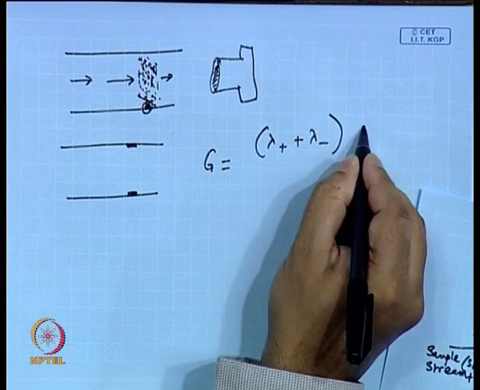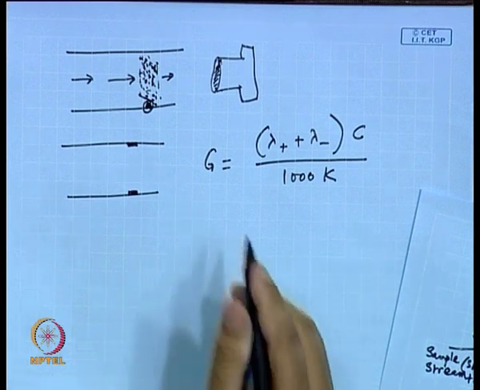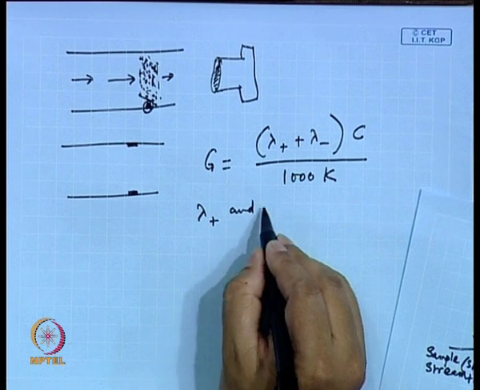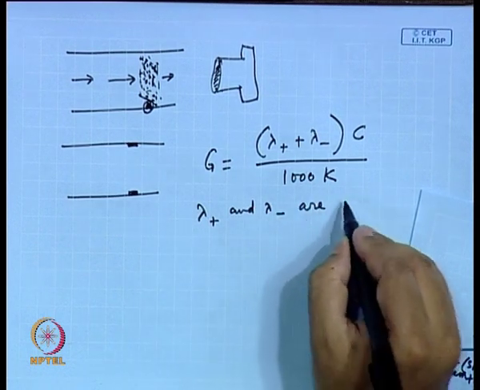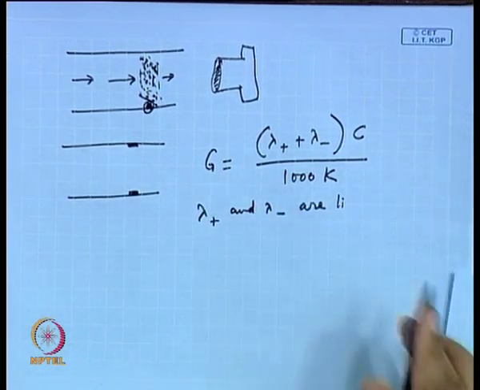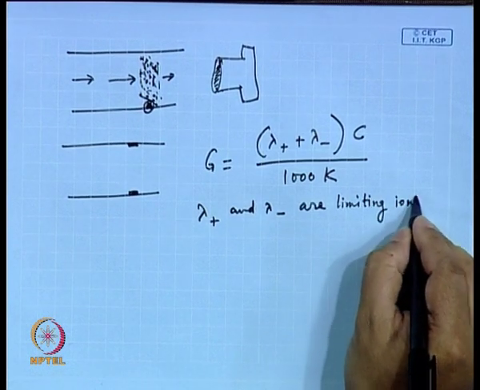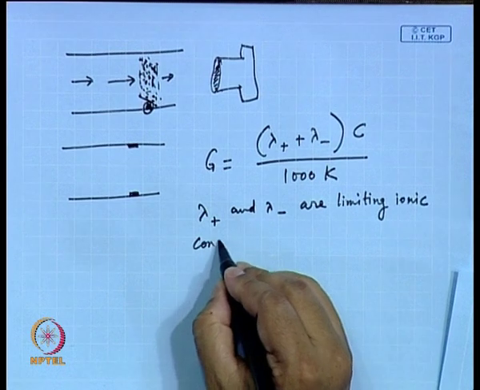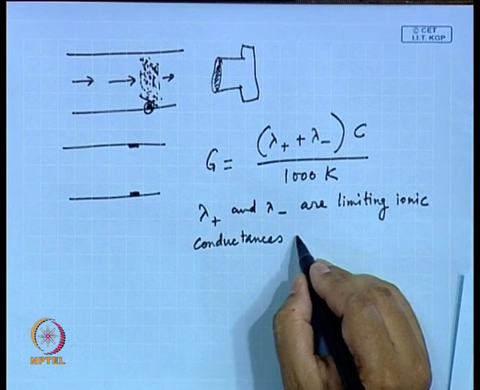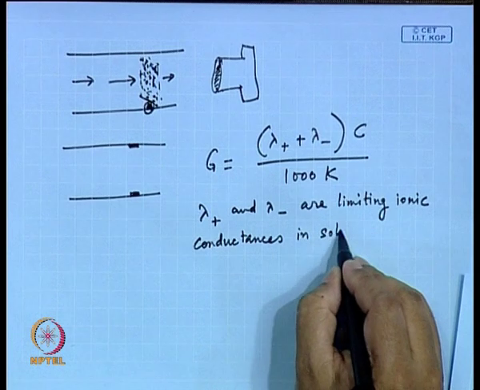Here, lambda plus and lambda minus are the limiting ionic conductances in solution.